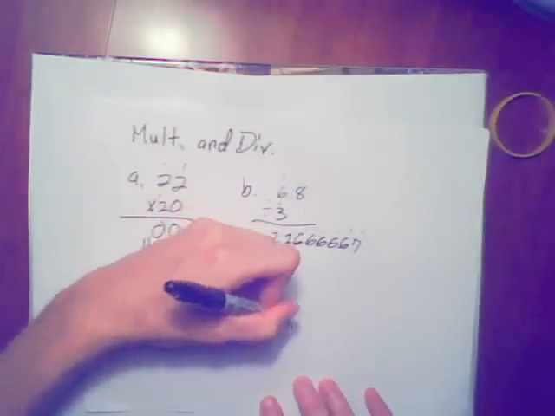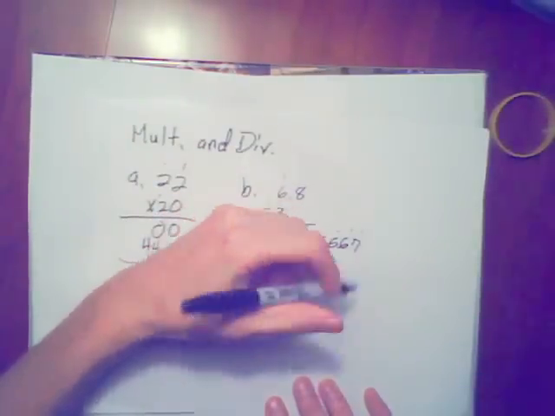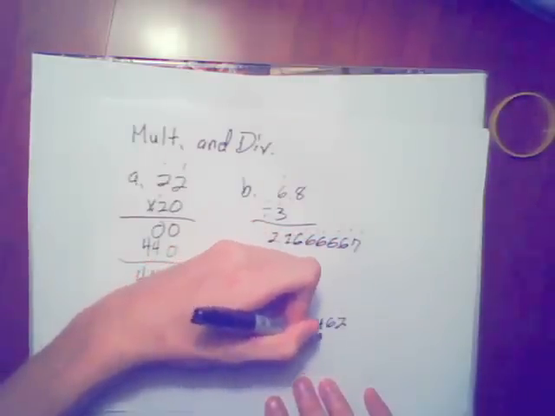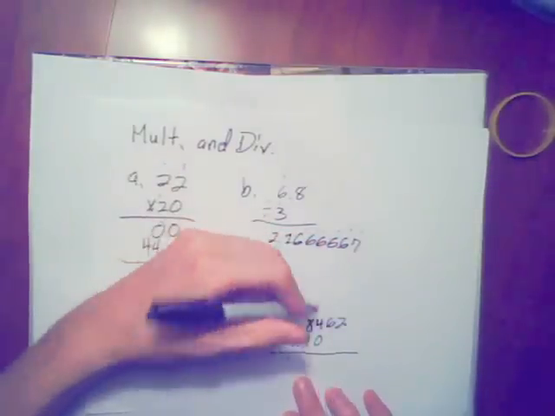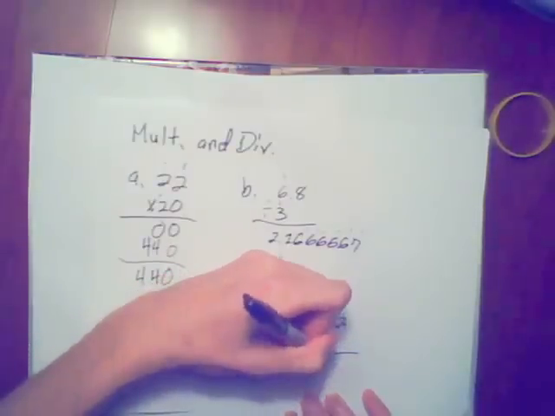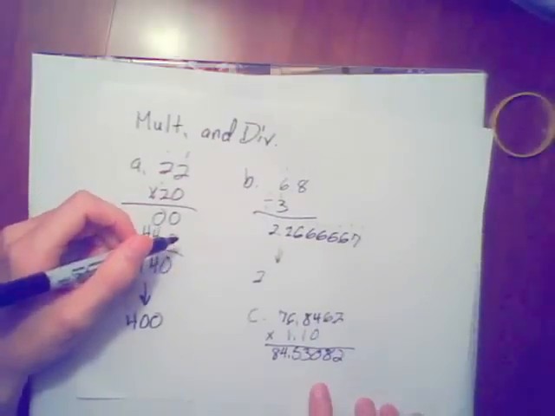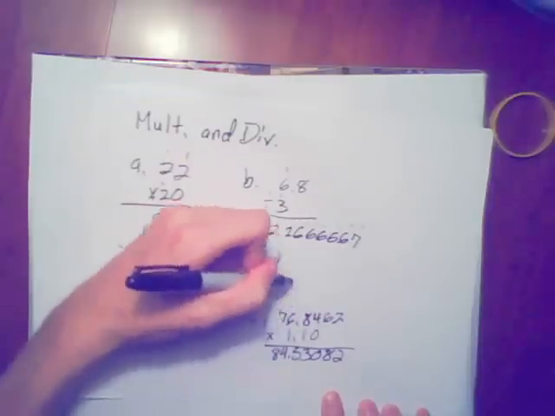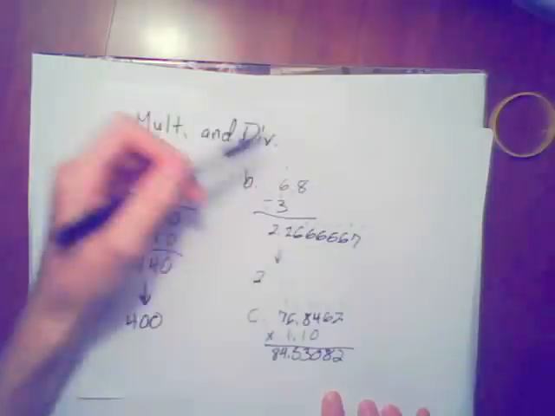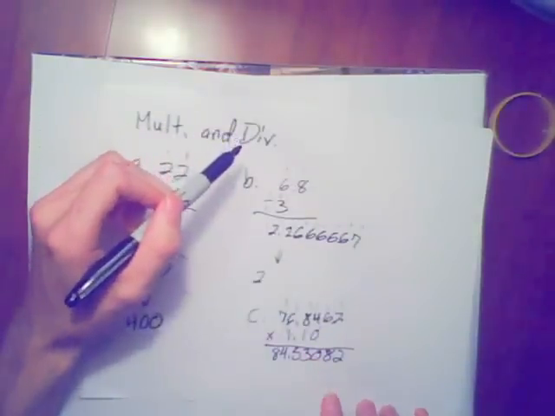So if we do 76.8462 and we multiply that by 1.10, our answer will end up being 84.53082. Obviously we have a lot of sig figs in that answer. Up top we have 1, 2, 3, 4, 5, 6 sig figs for that number, 1, 2, 3 for that one.